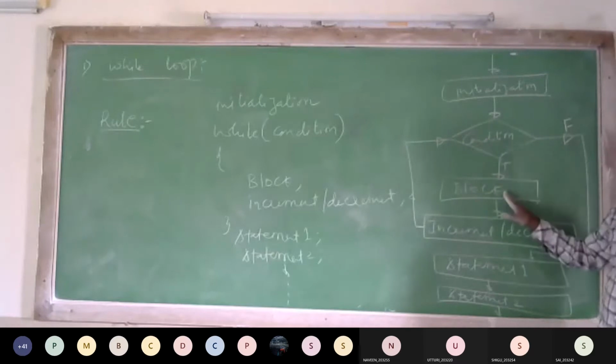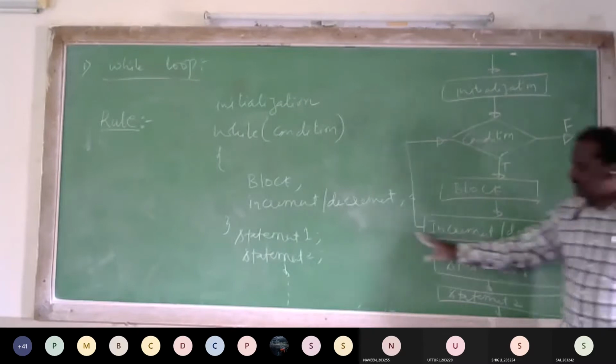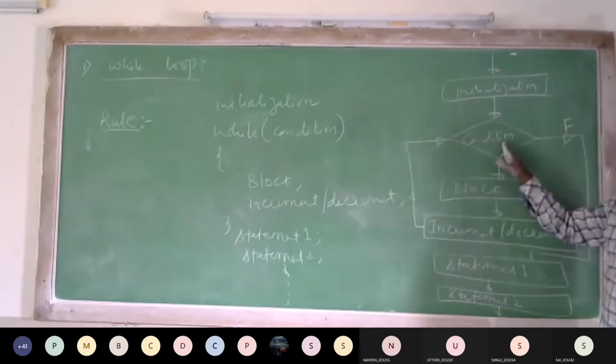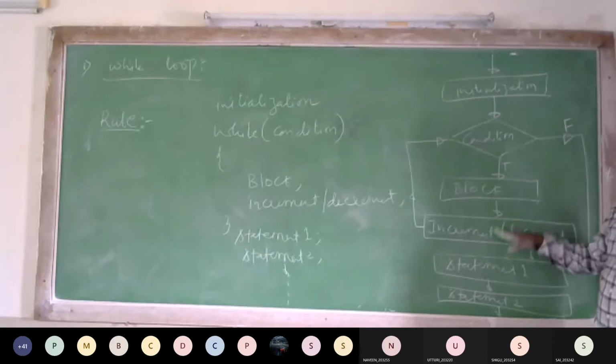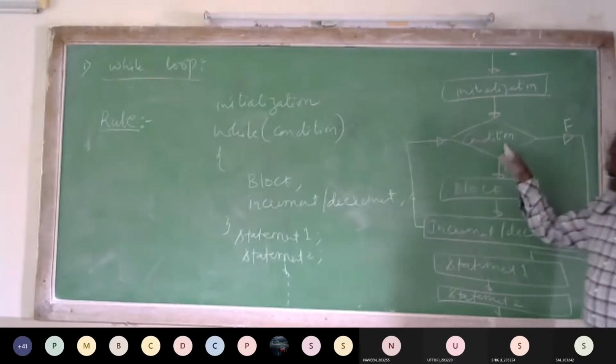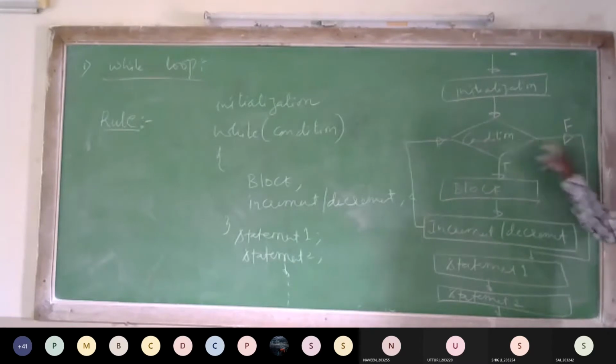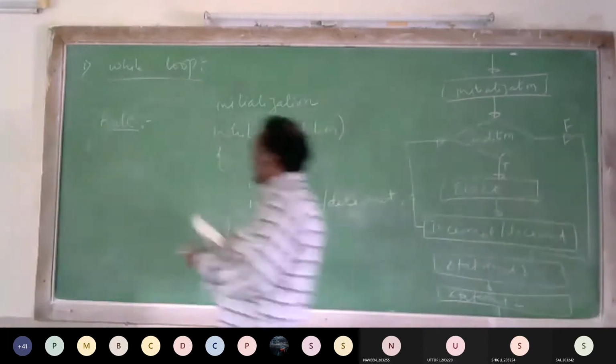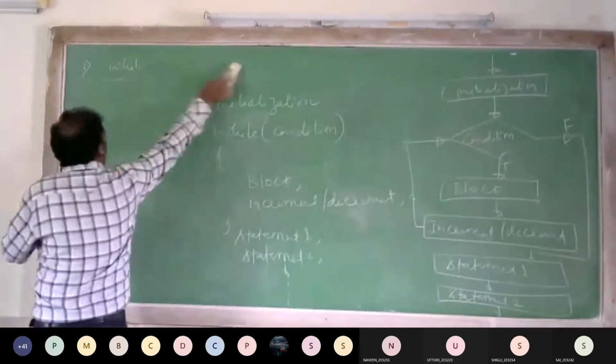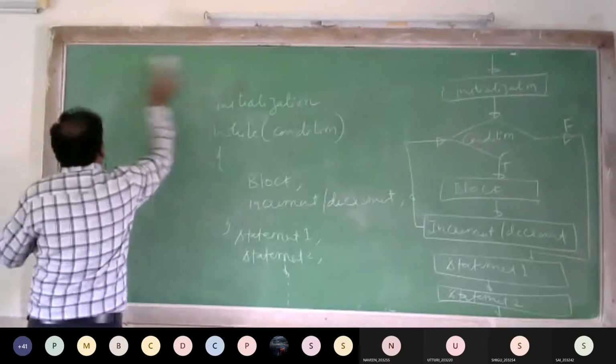If the condition is true, repeat this process. When the condition is false, then only the control will come outside and it will execute statement 1, statement 2, remaining statements. Now we shall see with an example program.